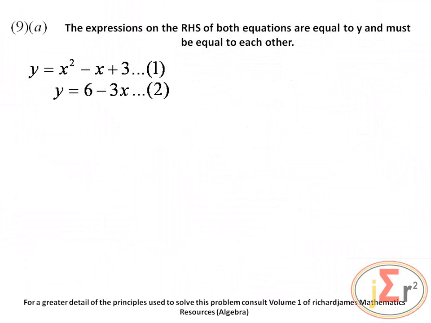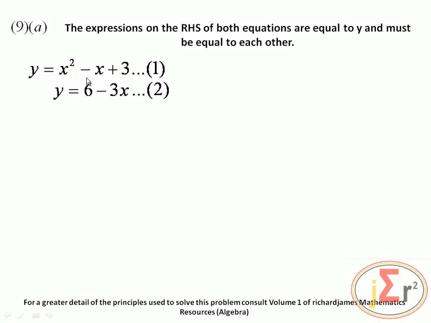The expressions on the right hand side of both equations are equal to y and must be equal to each other. So we have y is equal to x squared minus x plus 3. Y is equal to 6 minus 3x. So first of all, this is y, this is y.